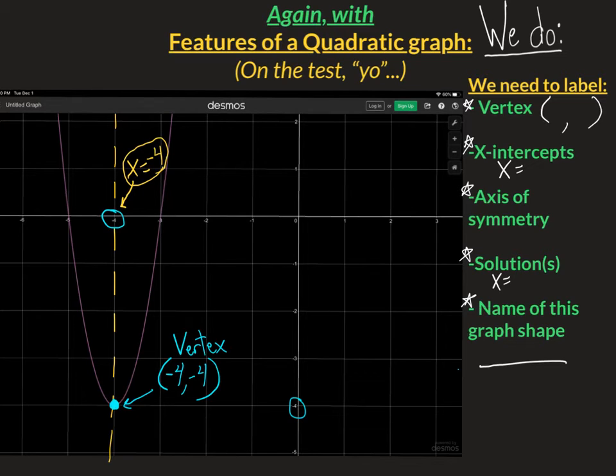It's always going to be x equals, and then that's the line of symmetry. Okay, so x-intercepts. It's just where my parabola crosses, and it crosses at -5 and at -3. So my x-intercepts, -5 and -3.